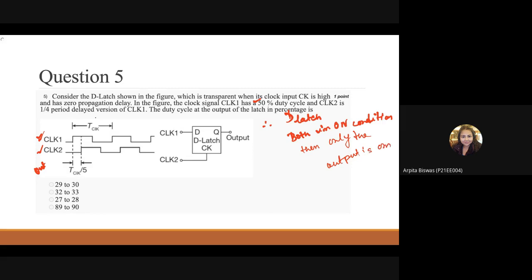So now you can draw the output from here. When both are 1, in that condition the output is 1 and the remaining are 0. Now can you simplify it? Clock 1 is given, clock 2 is given. When clock 1 and 2 are both on, the output is 1. Now draw the output clock.